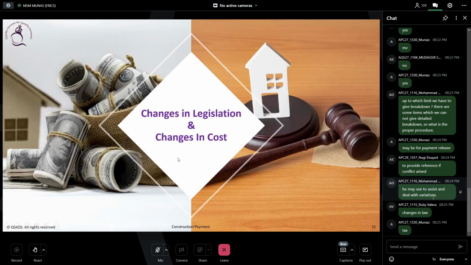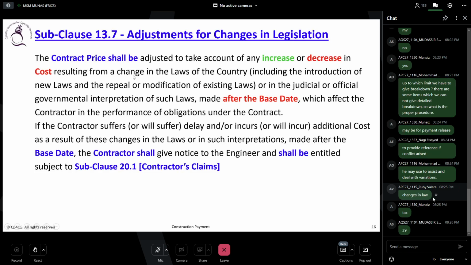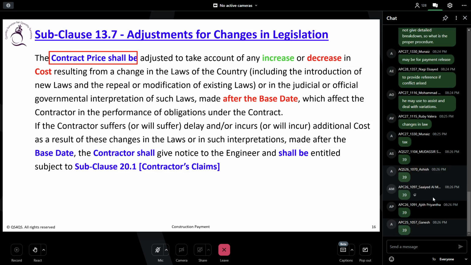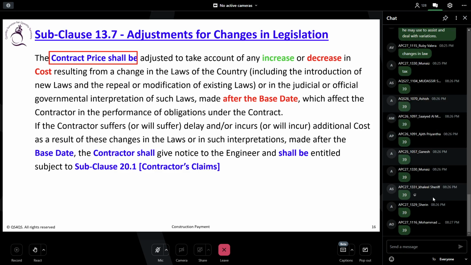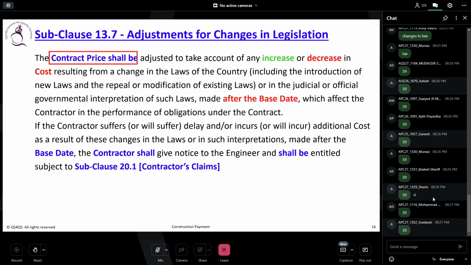So here, what is going to happen, the contract, all of you go to 13.7. What's the page number? Two and 39.